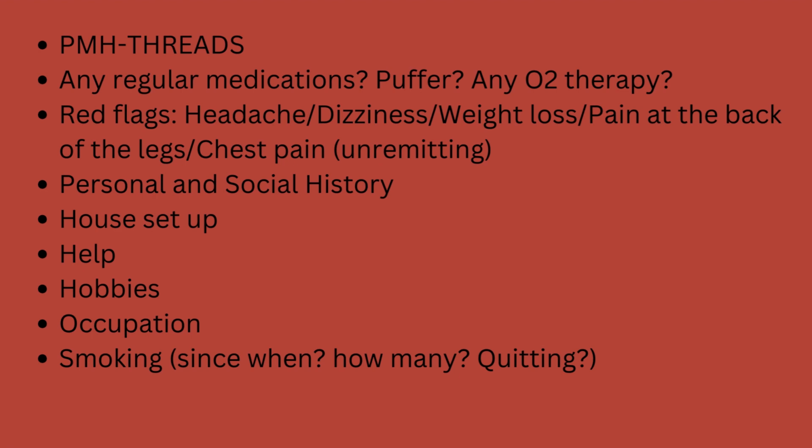Very important for us to know about the patient's personal and social history, which includes your house setup, whether the patient lives in a single story or a double story house, whether the patient lives in an apartment, whether he has any lifts, whether there are any stairs, whether he has any handrails, things like that. Also important to know whether the patient lives by himself or has family members living with him.